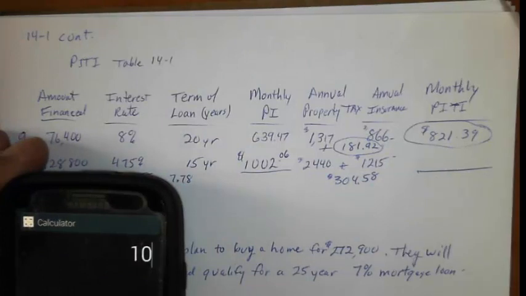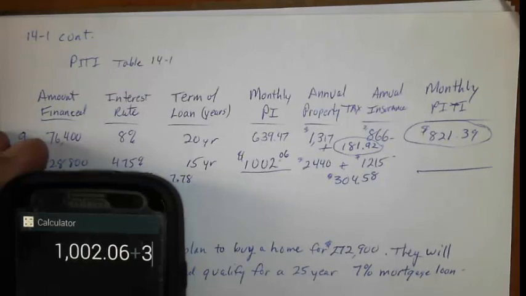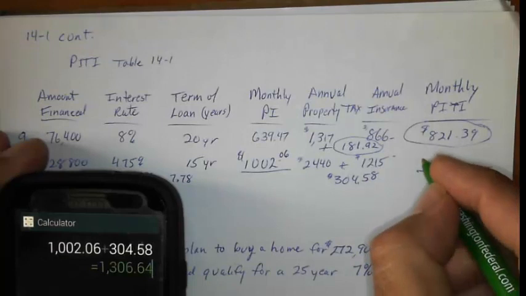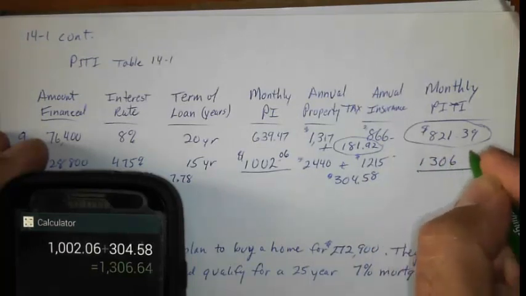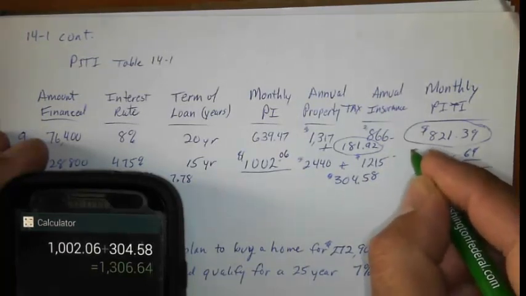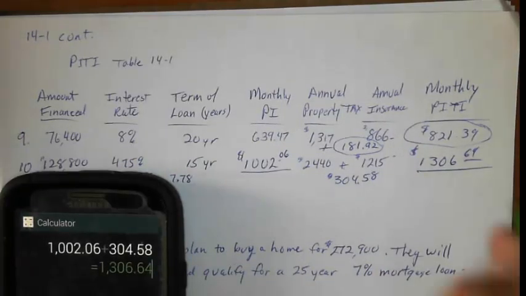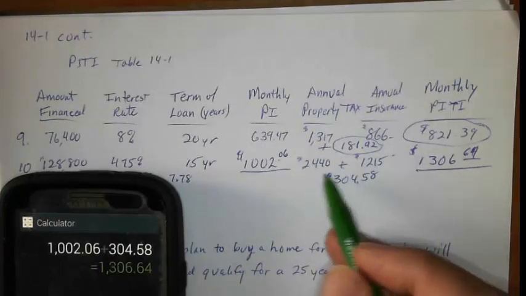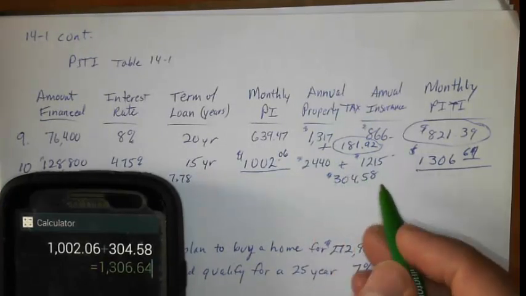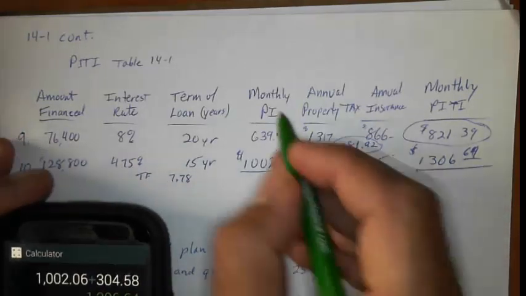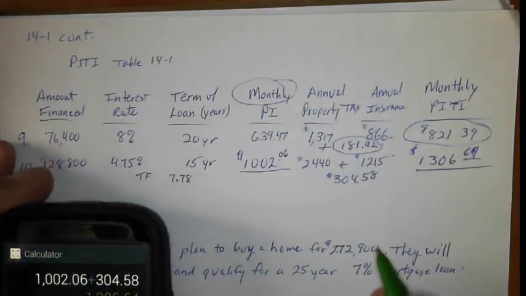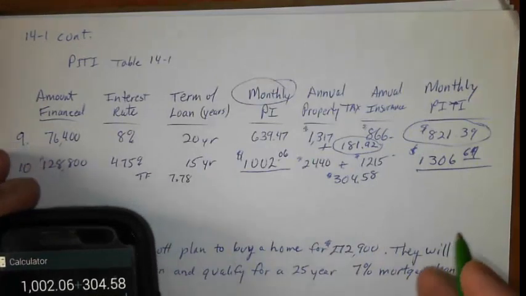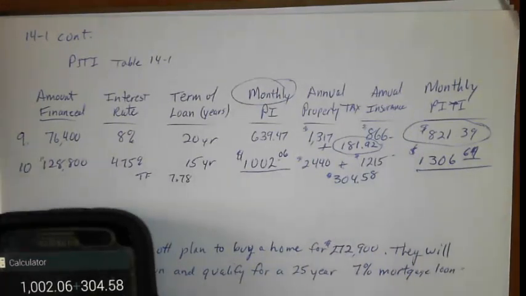So 1,002.06 plus 304.58. Total payments then 1,306.64. So in that whole list there, you're just going to simply add both of those together, divide by 12, because you're working in monthly information. Okay? So all those are the same.